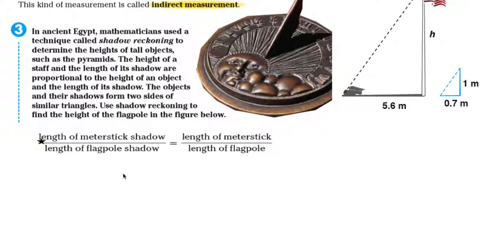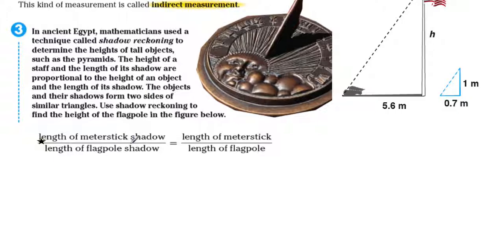From there, we simply create a proportion. We substitute the values: the length of the meter stick shadow over the length of the flagpole shadow equals the length of the meter stick over the length of the flagpole.